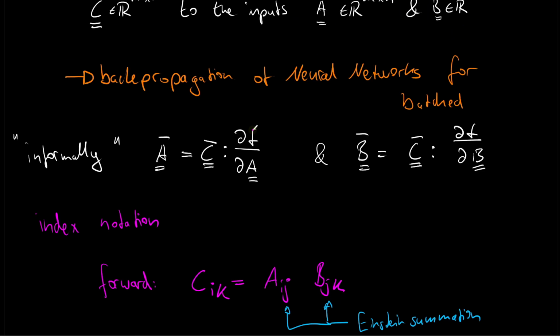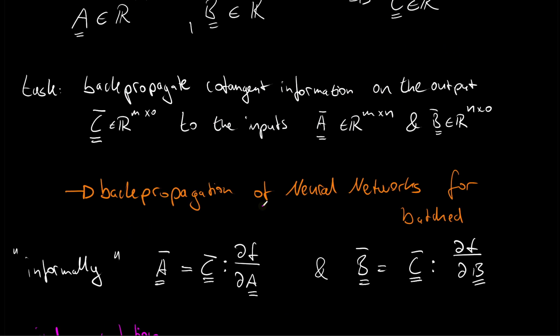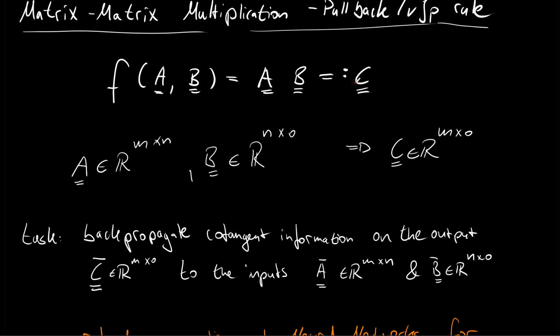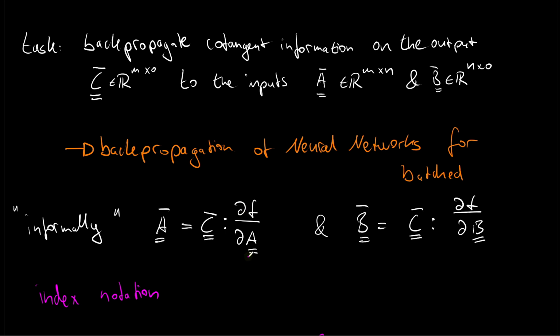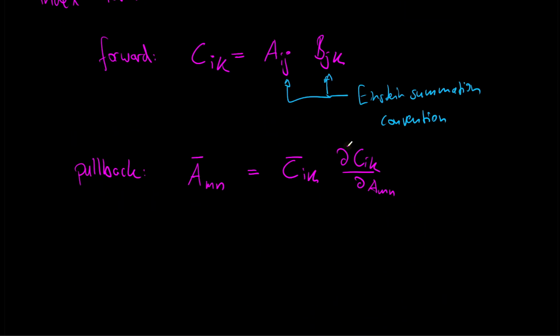And here I replaced f as the function with its output. So the function we have here is only computing one output, so the matrix C. So taking the Jacobian of the function with respect to the input is kind of equivalent to taking the derivative of the output with respect to the input. So this is equivalent to df by dA_mn.